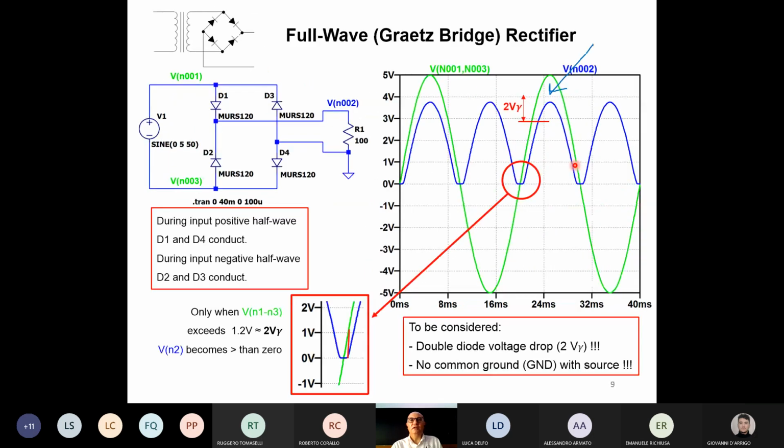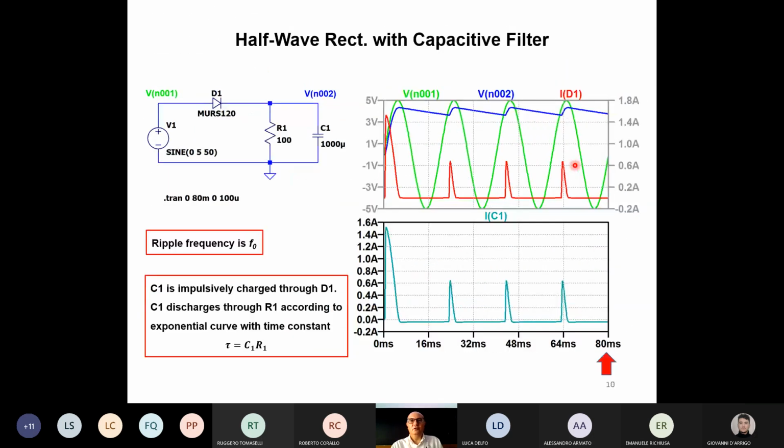So we must put a filter, basically a sort of low-pass filter, and we can do that adding a large capacitance. You see here, I'm using 1,000 microfarads. Don't be worried by the fact that the F is not there.